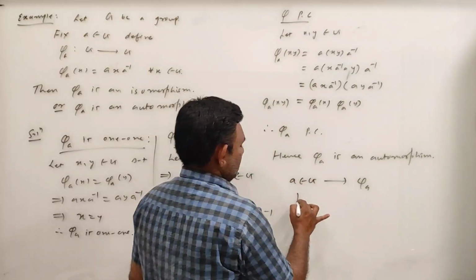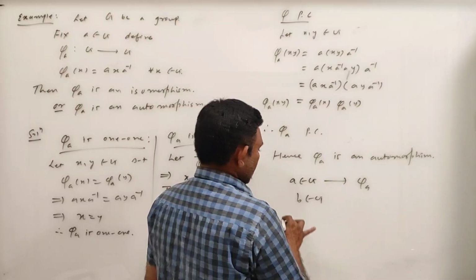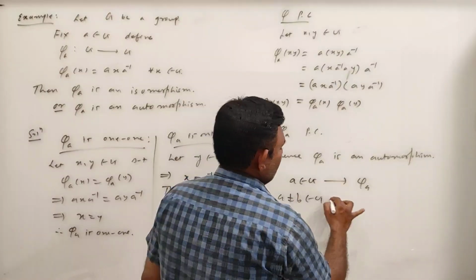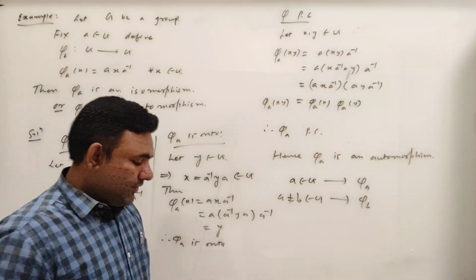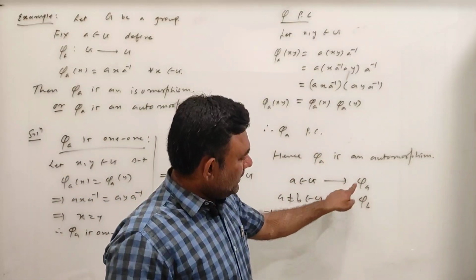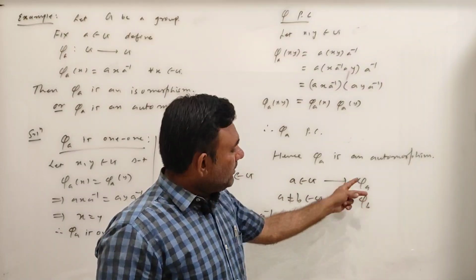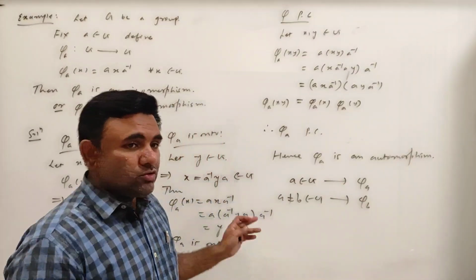You consider B belongs to G and assume that A is not equal to B, then you have phi B, another automorphism. Now the question is whether they are equal or not. It may be equal, it may be distinct, it depends on the group.